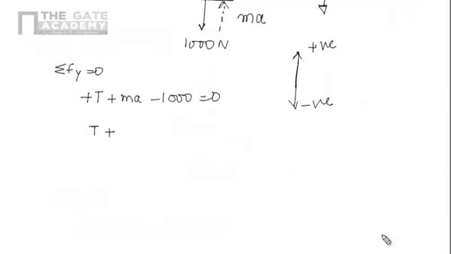In place of m, I can write 1000 by g, because if we divide weight by g, we will get mass. So T plus (1000 by g) a minus 1000 equals 0. This is the expression we got from the equation, the algebraic summation of all vertical forces.